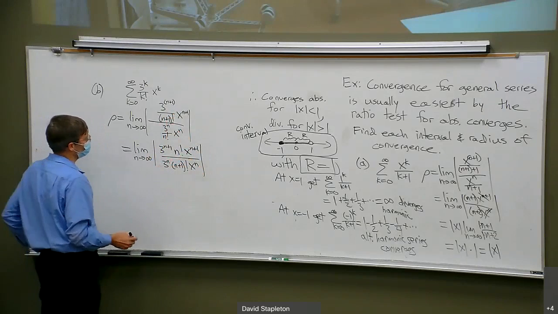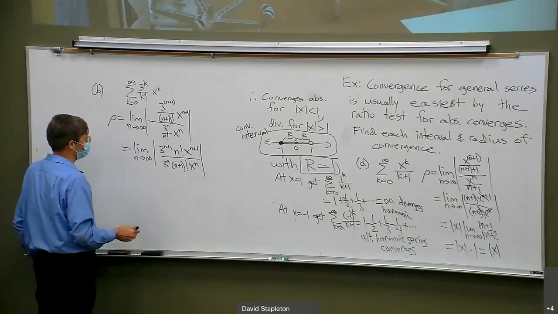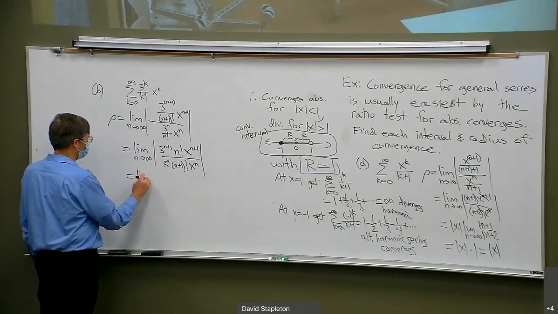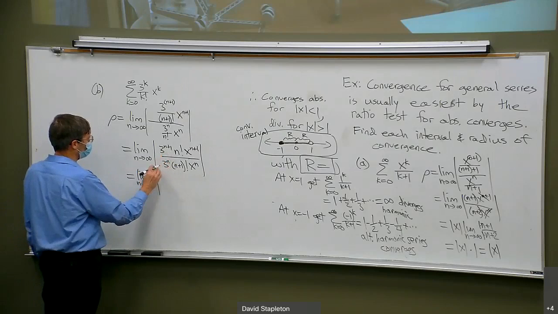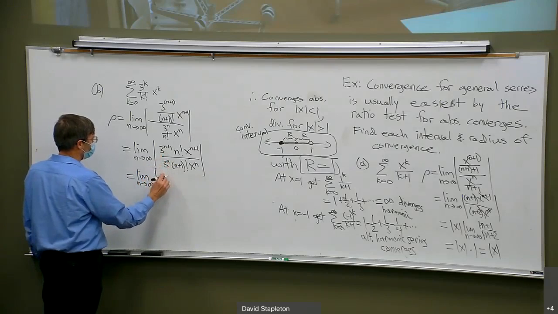And we can cancel a lot of stuff. Remember, when there's powers and factorials, things cancel nicely. Let's rewrite this as the limit as n goes to infinity of, we'll write 3 to the n plus 1 as 3 to the n times 3.